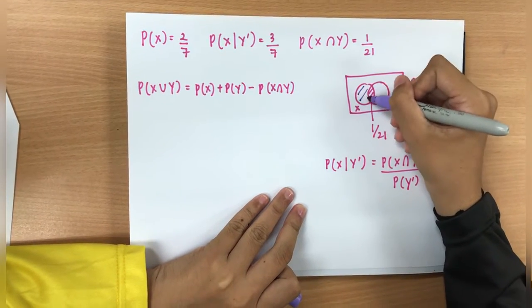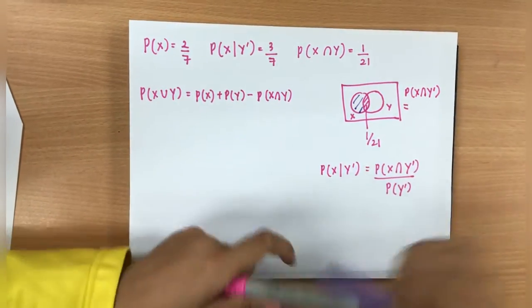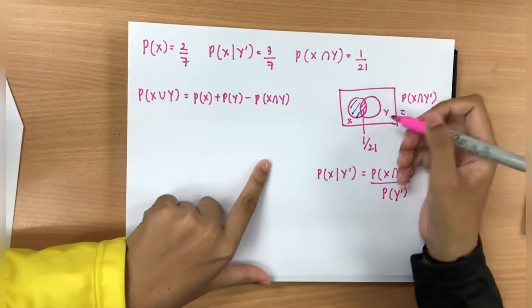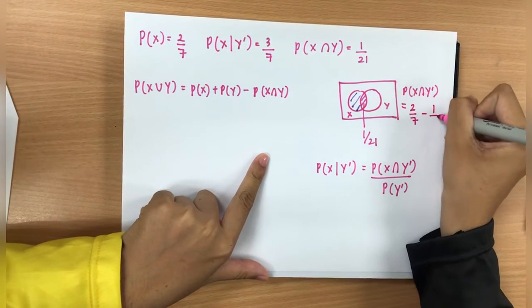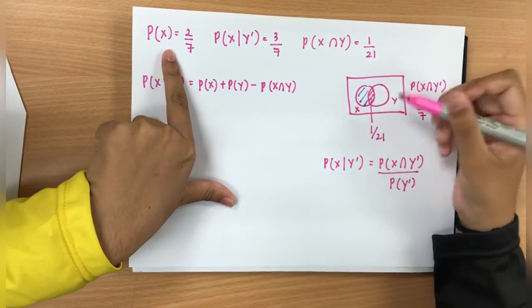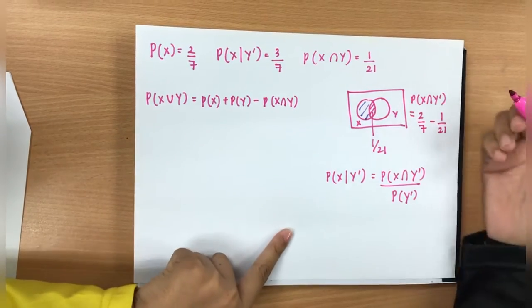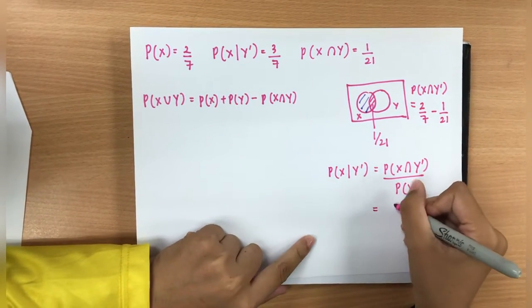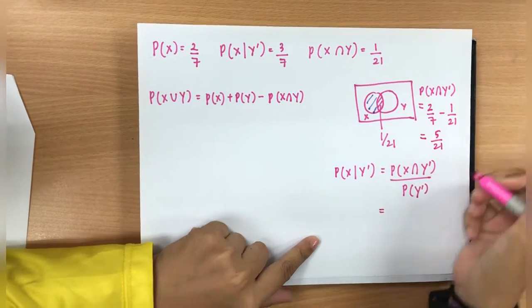So it is 2/7 minus 1/21, probability X minus probability X intersect Y. So we get the answer 5/21.